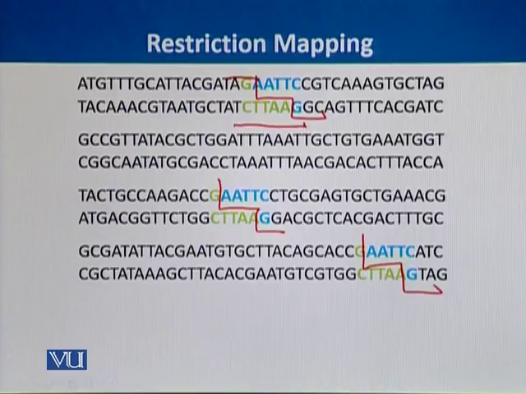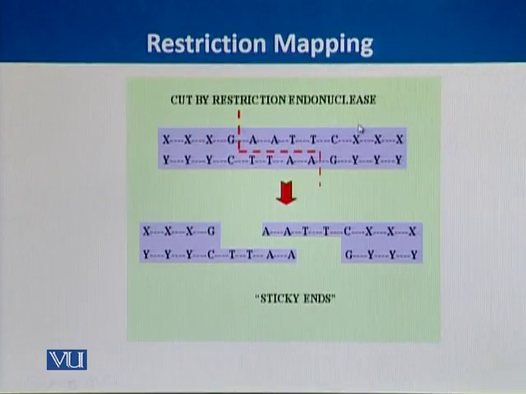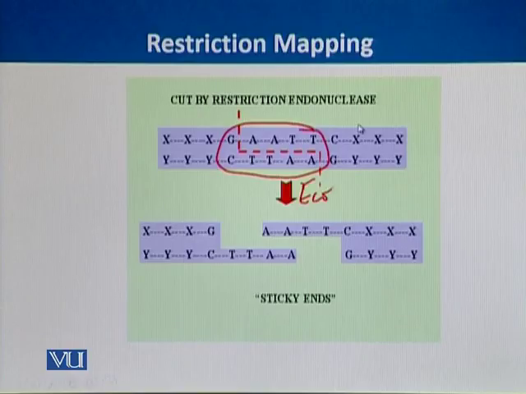So for more clarity, we can see the next slide. We can see here the same DNA, GAATTC, and when the EcoR1 restriction enzyme recognizes this site, it will cut from here.